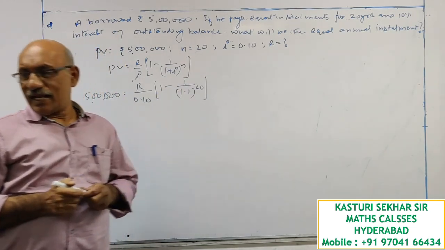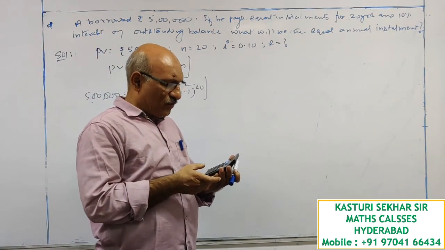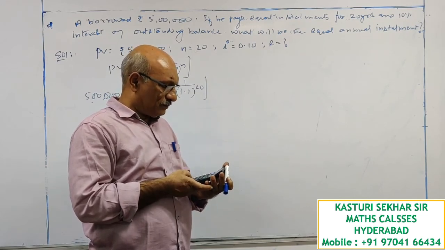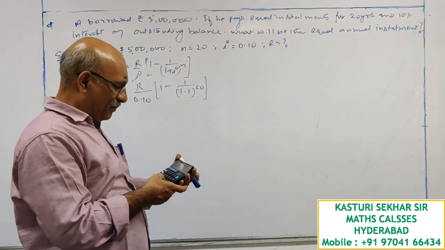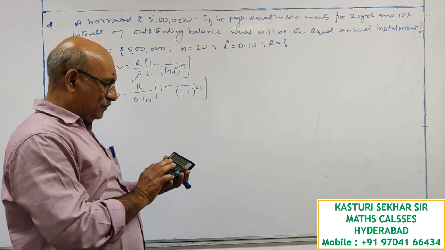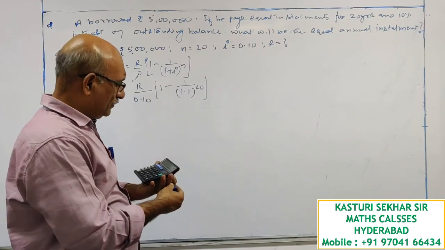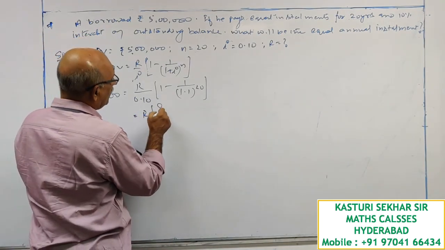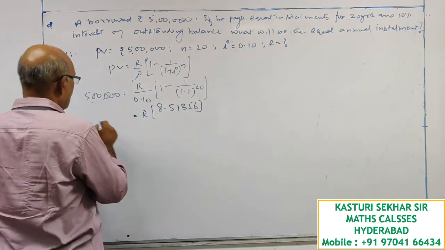Let us simplify this on the calculator first. 1.1, power should be raised to 20. Memory plus, 1 divided by MRC, minus 1, plus minus, and divided by 0.10. So this is equal to R into 8.51356, equal to 5 lakhs.